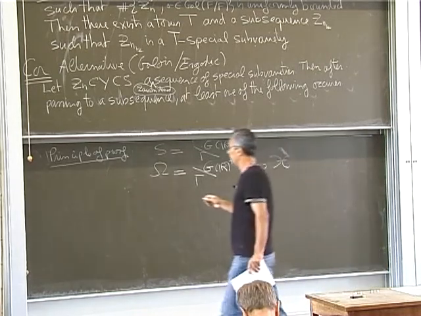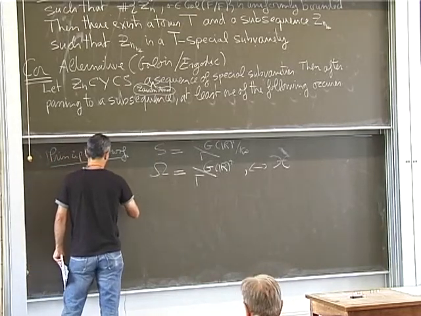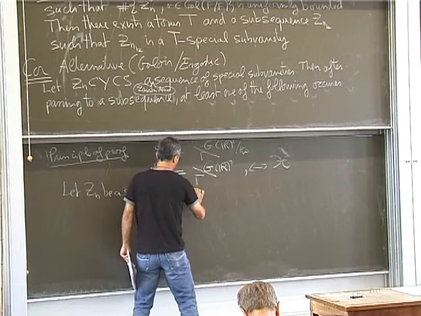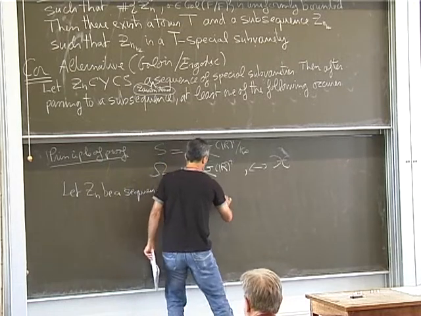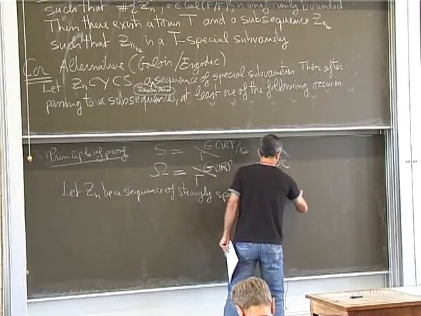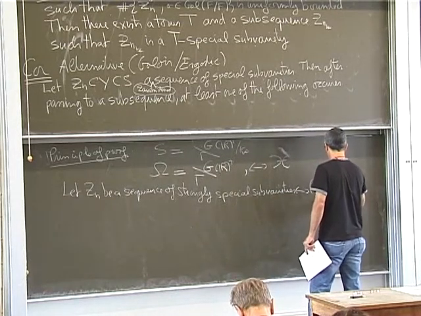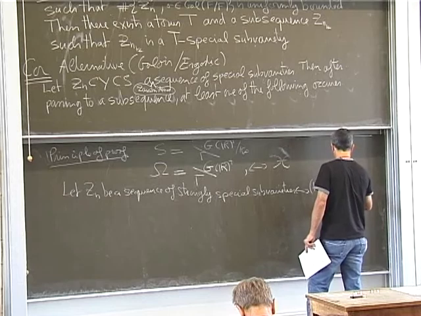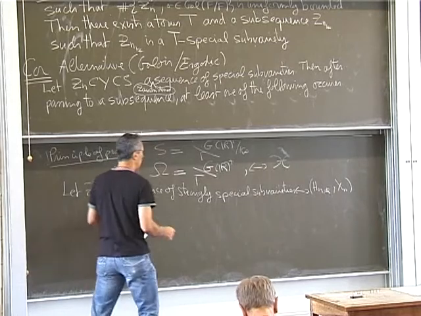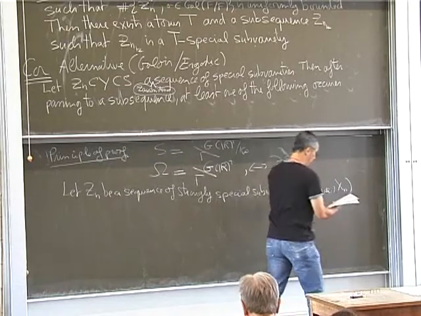So let Z_n be a sequence of, say, strongly special subvarieties. So associated to this, you have some subgroup, say over Q, and some Hermitian symmetric spaces, X_n. And so they are strongly special. So these are semi-simple.